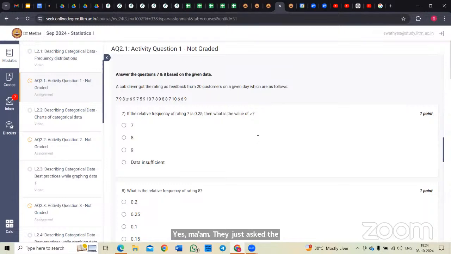I'm not sure if we need to answer it in percentage or the actual marks. The graded assignment cannot be discussed here actually. It's just the word, ma'am, that I'm confused about.